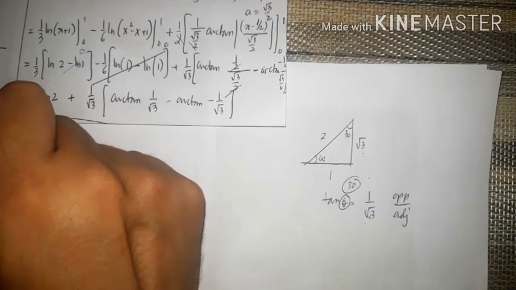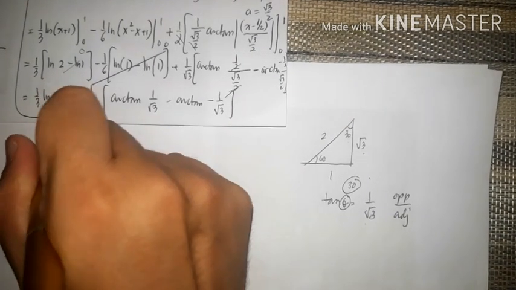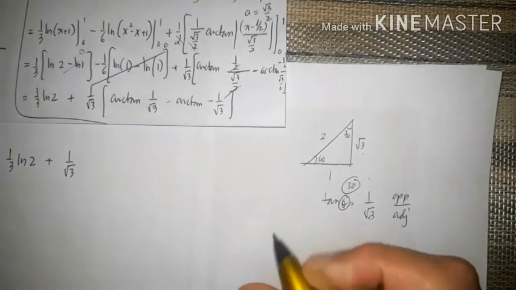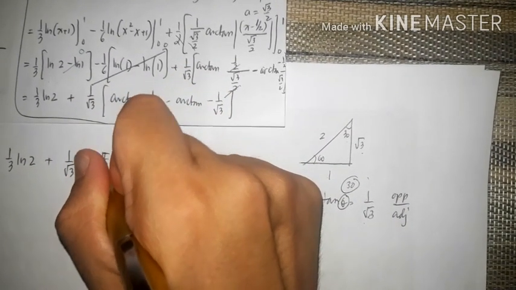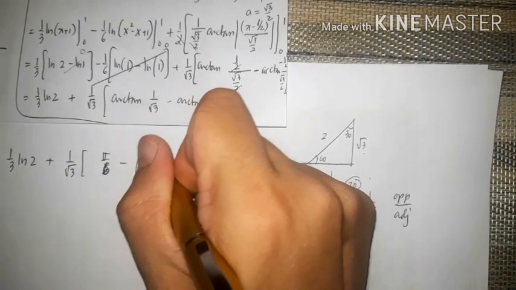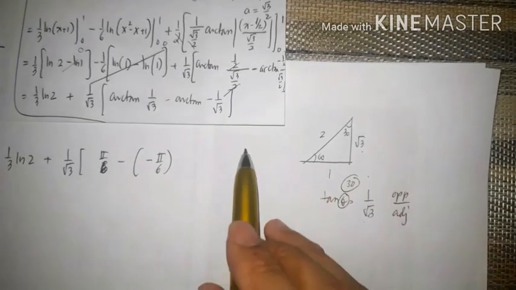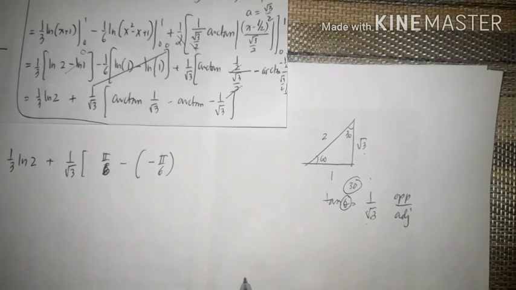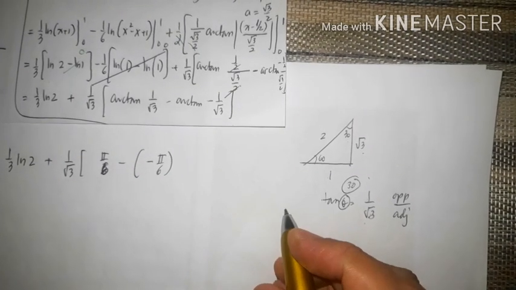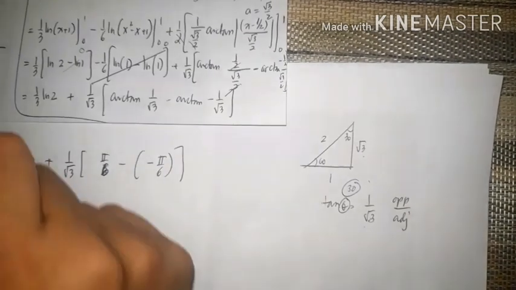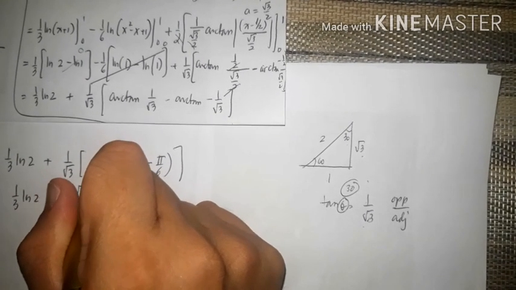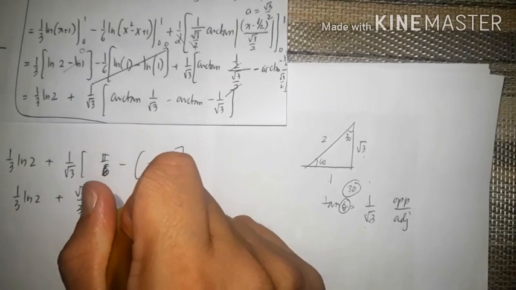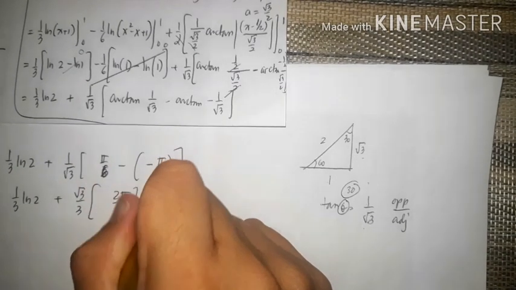So this is 1/3 ln of 2 plus 1 over square root of 3 multiplied by pi over 6 minus negative pi over 6. So arctangent of negative 1 over square root of 3 is negative 30 degrees. That gives you 1/3 ln of 2 plus square root of 3 over 3 times the quantity 2 pi over 6.